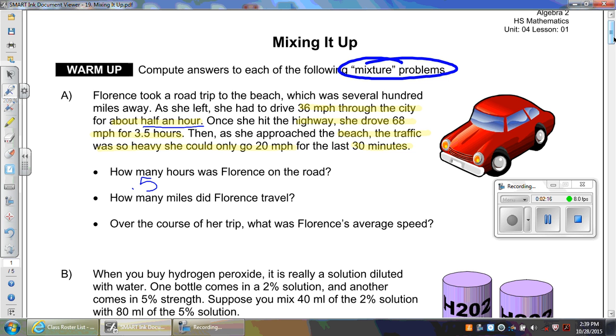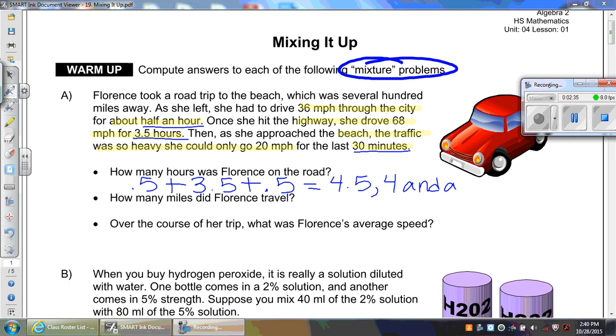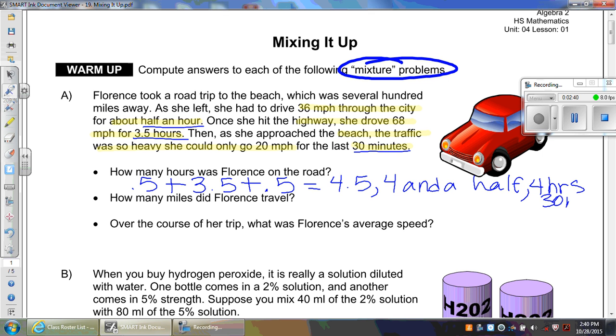Okay, so 0.5 plus 3.5 hours, and plus she went 30 minutes, which is 0.5, right? Very good. So 4.5 hours, or we could say 4 hours and 30 minutes. Same thing.